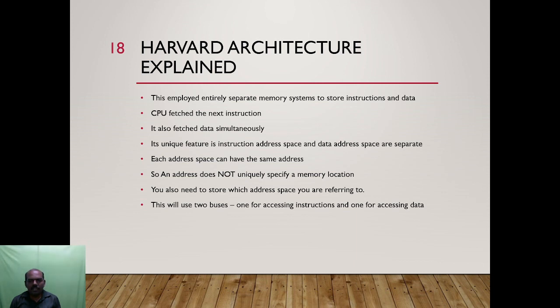Each address space can have the same address, so that an address does not uniquely specify a memory location. You also need to store which address space you are referring to. This will use two buses, one for accessing instructions and another one for accessing data.